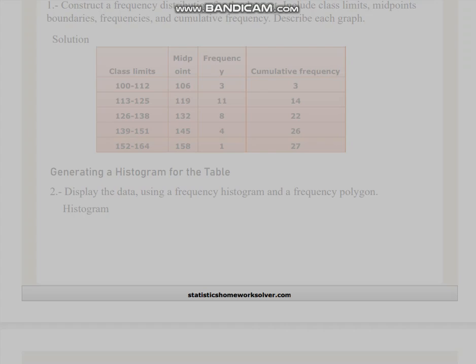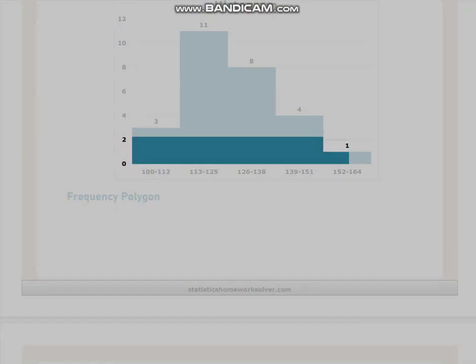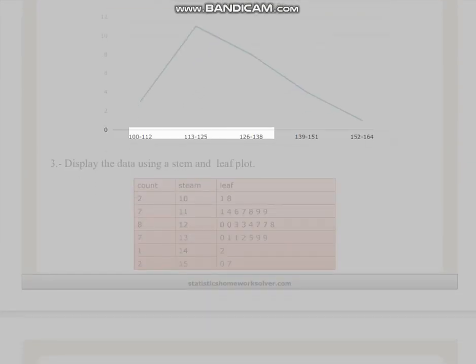Class intervals: 100 to 112, 113 to 125, 126 to 138, 139 to 151, 152 to 164. Frequency polygon, with the same class intervals on the horizontal axis.